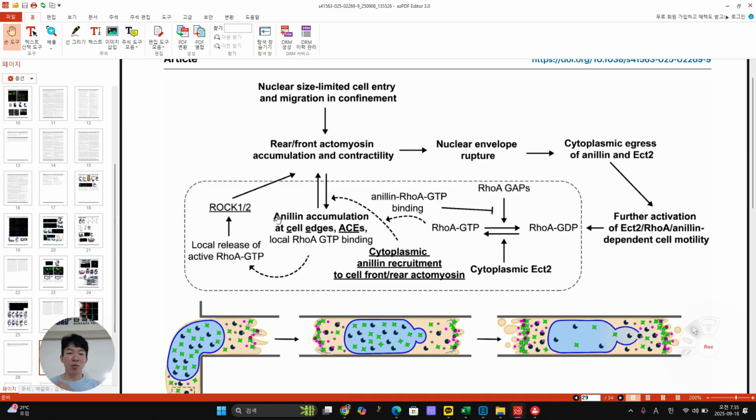Okay, and then when the anillin has all the things, actin, RhoA GTP, and myosin, we can say that this anillin is kind of a sponge. It can bind everything, actin and myosin, with anillin as a scaffold. On the scaffold protein, actin is bound, myosin is bound, and then RhoA GTP is bound. So there is kind of a core center.